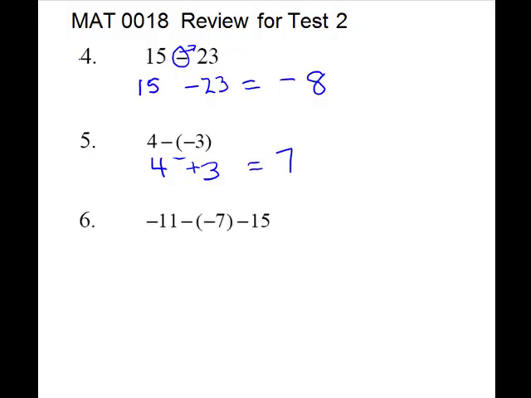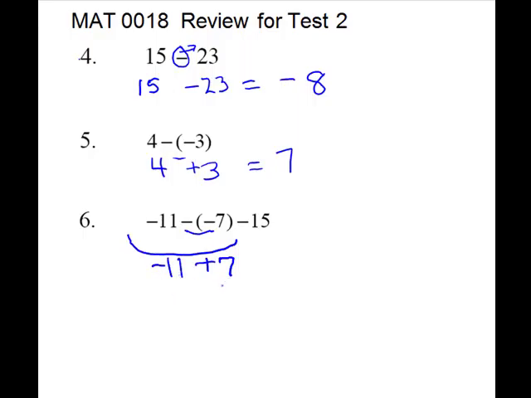Our next problem just has more pieces, but it also looks like subtract, so we're going to just work on these first two. And we're going to clean up. This minus a negative is going to give us a plus. So we're going to have a plus 7. The negative 11 stays. Those are different signs.